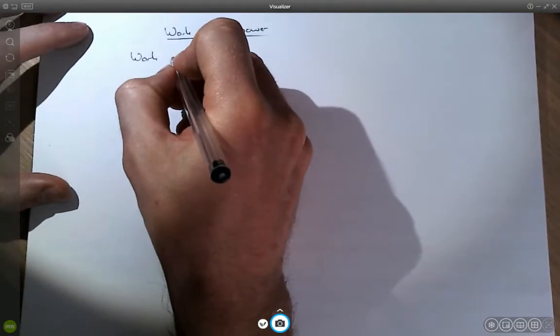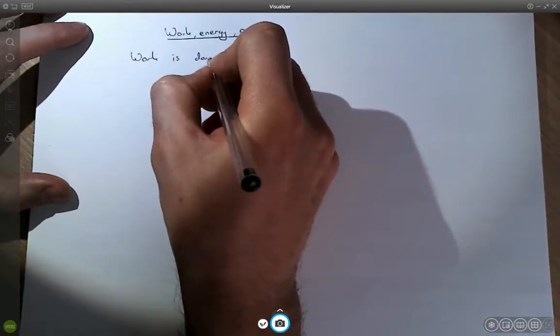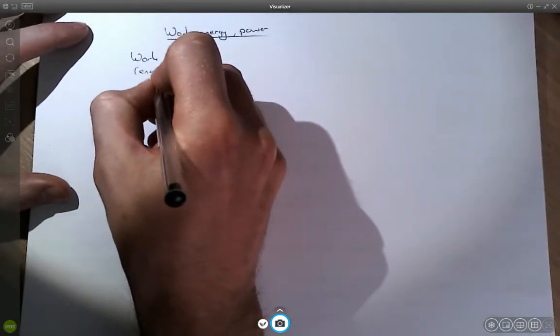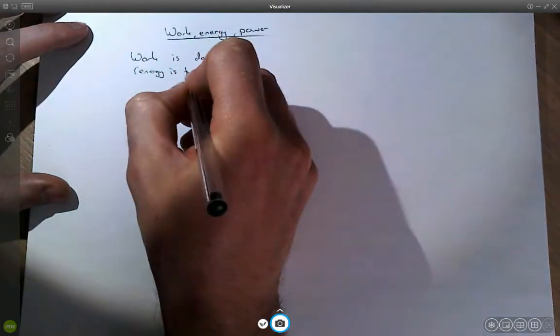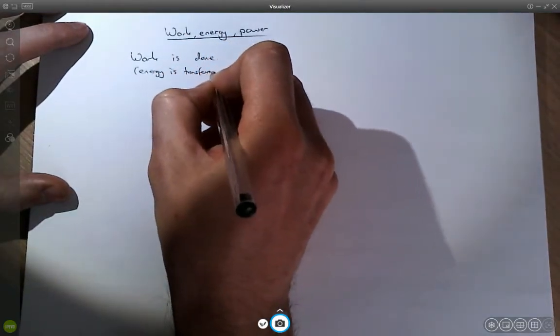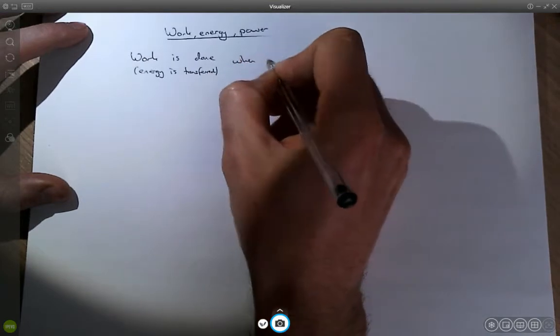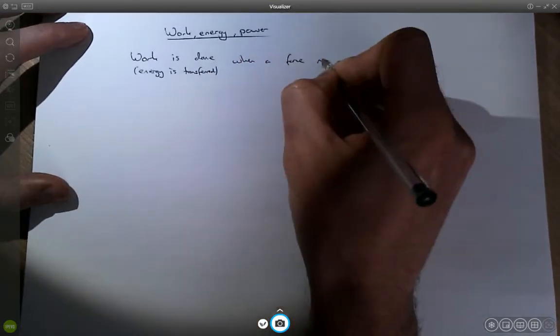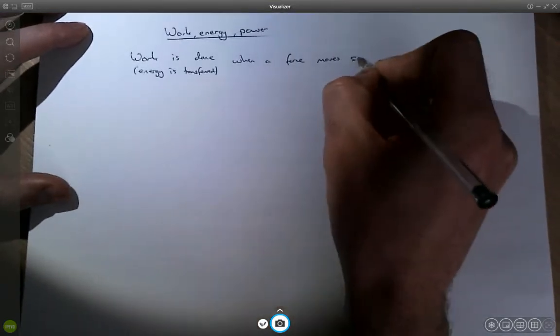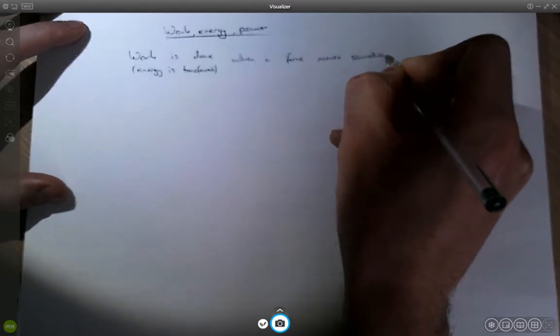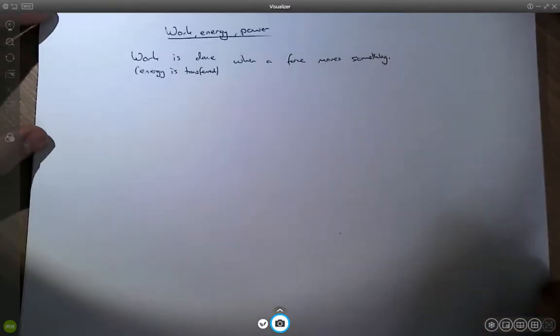Work is done, or that's just another way of saying that energy is transferred, when a force moves something. And it really is that simple.